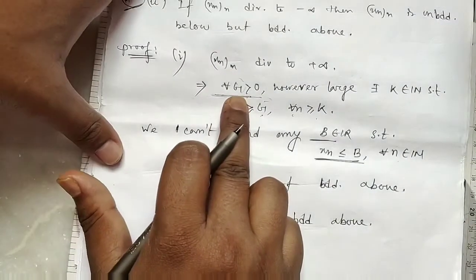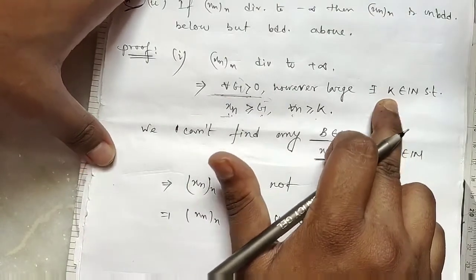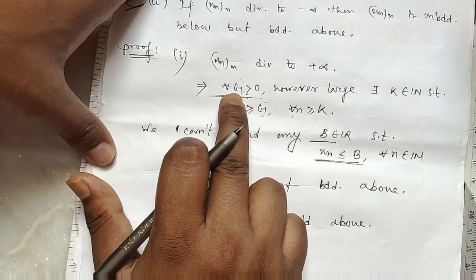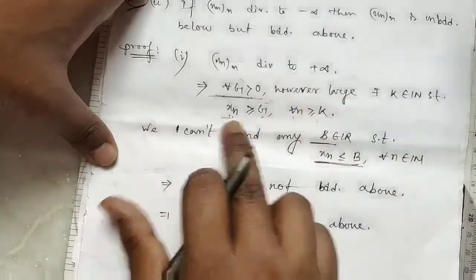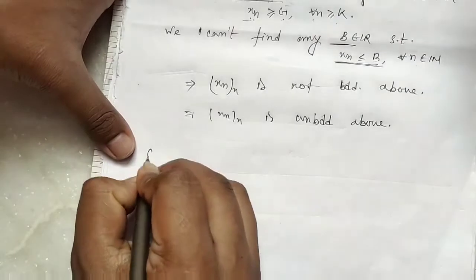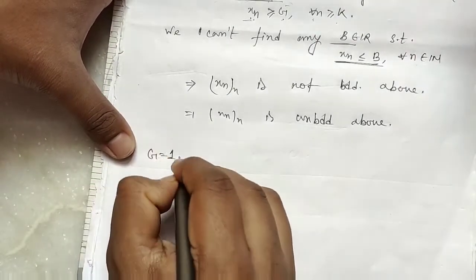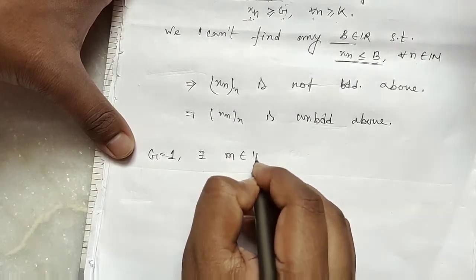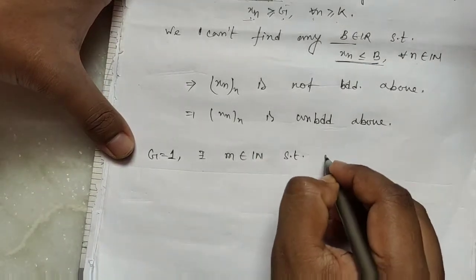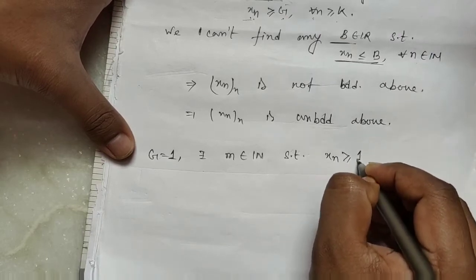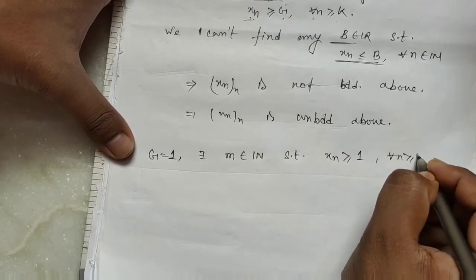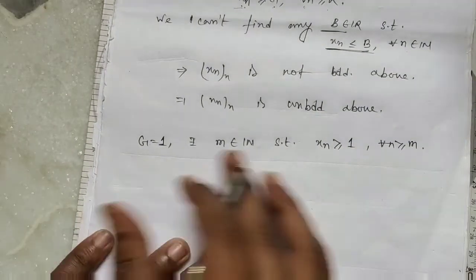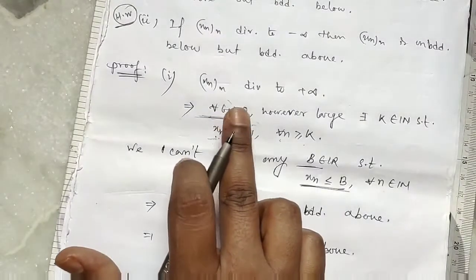Since for every real number g there exists a natural number k such that this condition holds, if we take g equal to 1, then there exists a natural number, say m belonging to N, such that xn is greater than or equal to 1 for all n greater than or equal to m. Clear? This is true for every g.